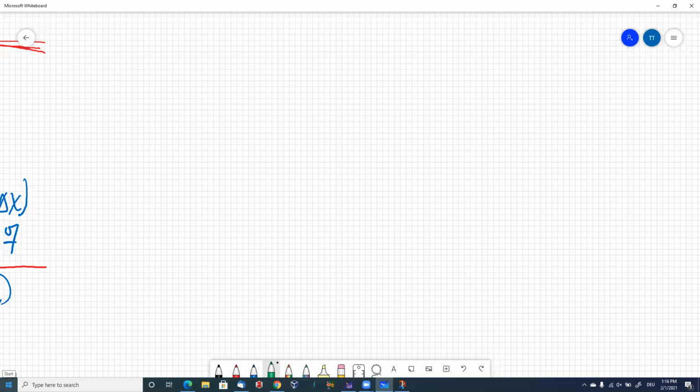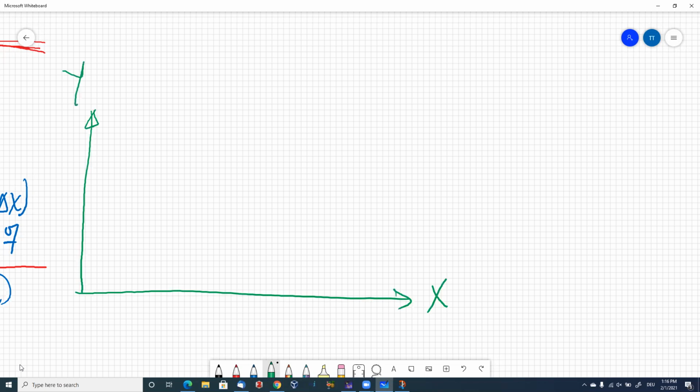The second point is about the circular motion. We can assume the same thing. We have x component and y component here. We have starting position and we have end position. Between these, we want to make circular motion, something like this.